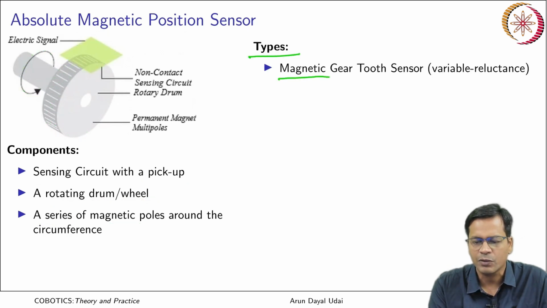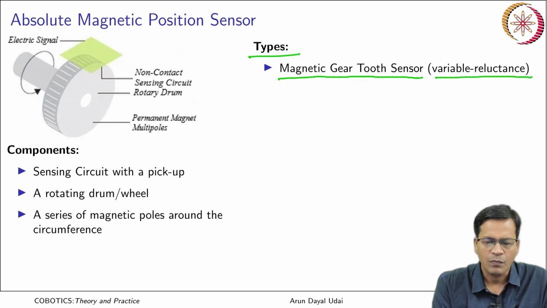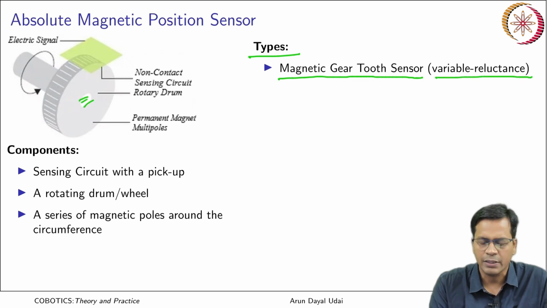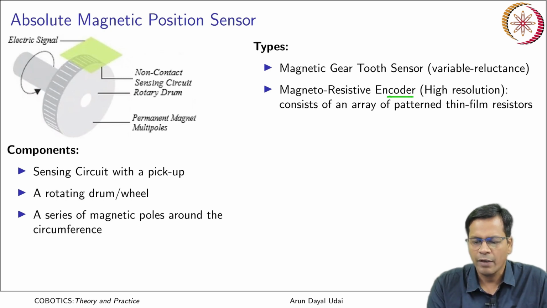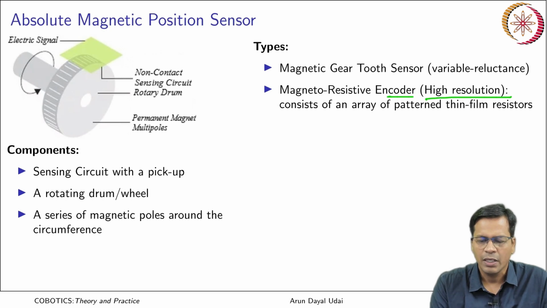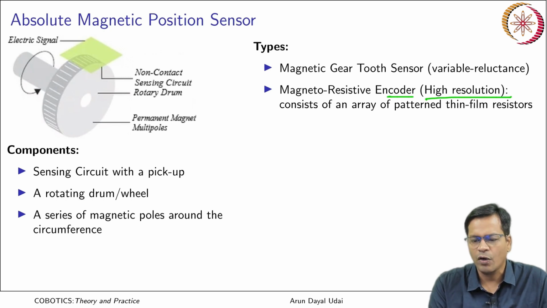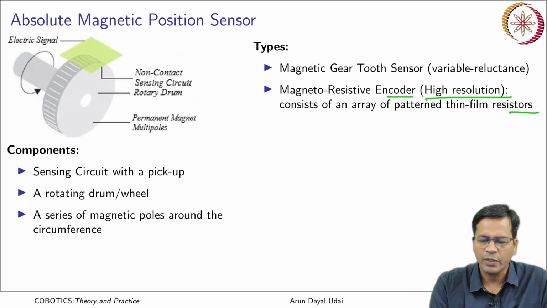The magnetic gear tooth sensor works on the variable reluctance type, the one shown here. Another one is the magnetoresistive encoder, which has a very high resolution and consists of an array of patterned thin film resistors. So the first one is a gear tooth sensor, a magnetic sensor which is nothing but a variable reluctance.